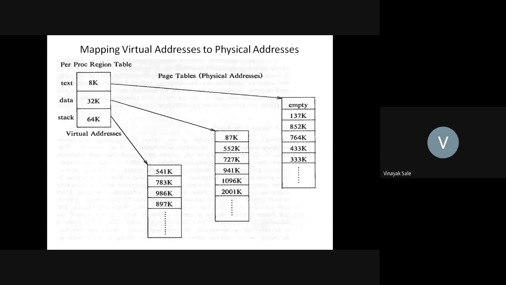See this figure. This is a virtual address and a P region, that is, a private region for a process. The virtual address 8K contains a page table entry, then 32K contains a table entry, then for the stack, virtual address 64K contains a table entry.